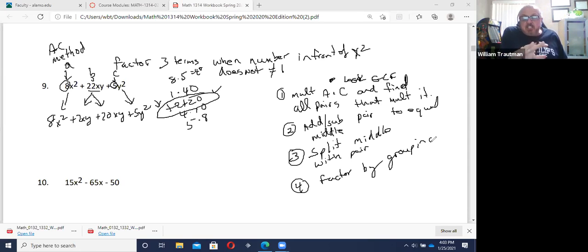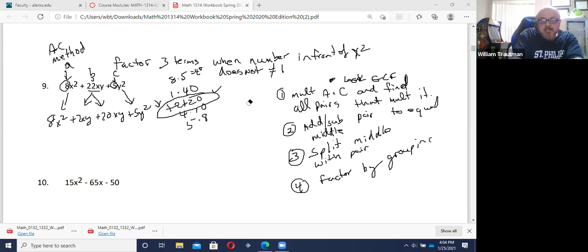So if you can, leave a good little gap underneath, and I'm going to go to the next problem, then I will come back to here. I apologize. I have to write the steps down for factor by grouping.